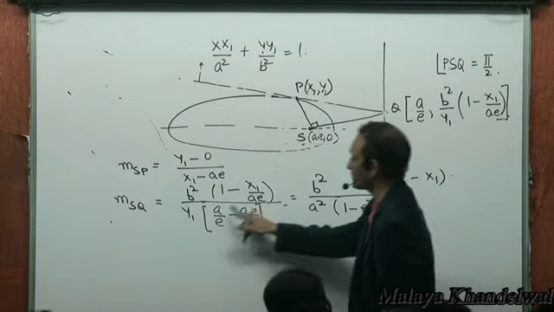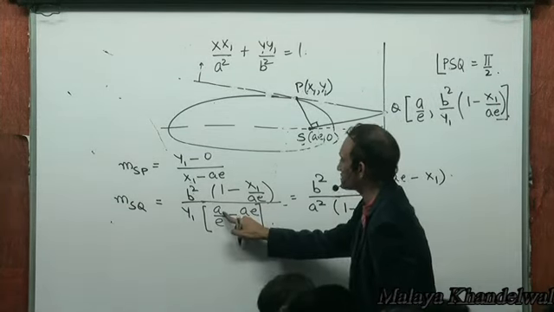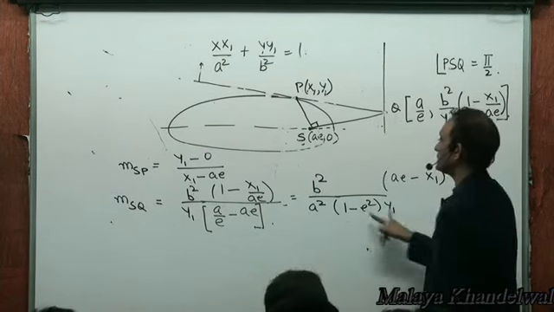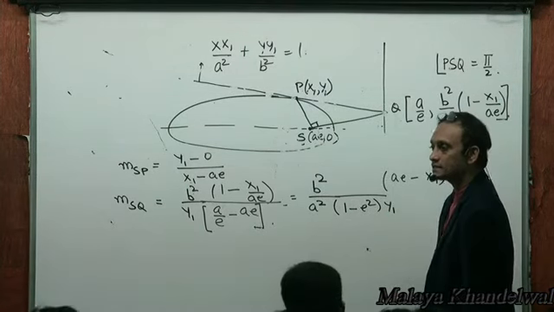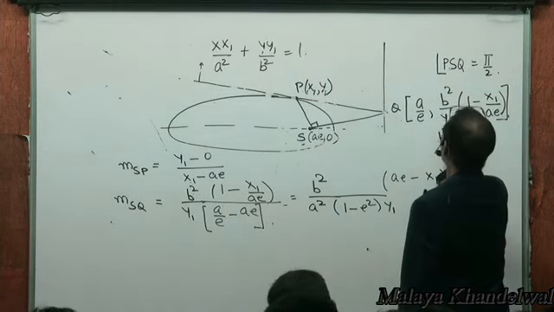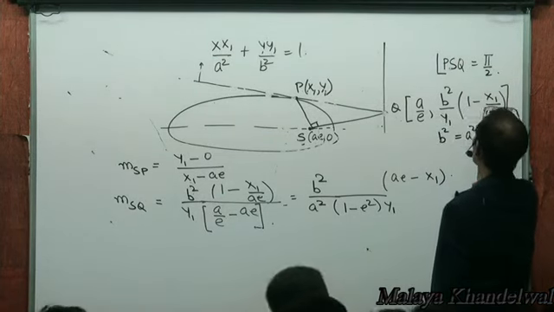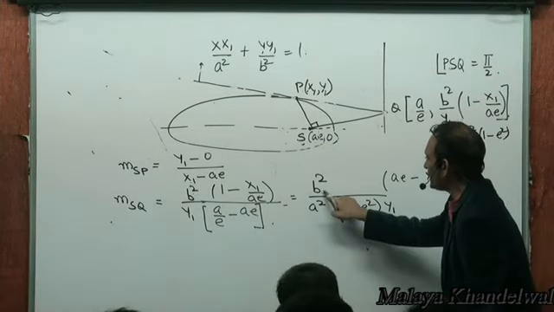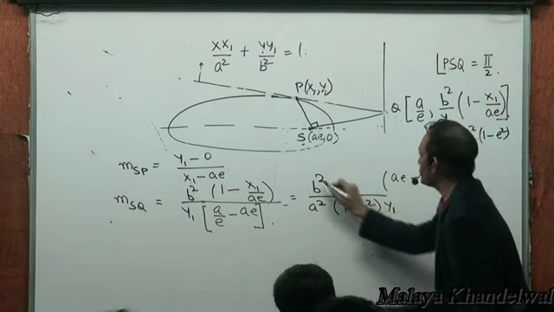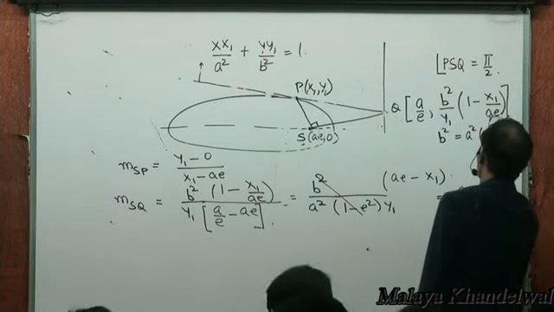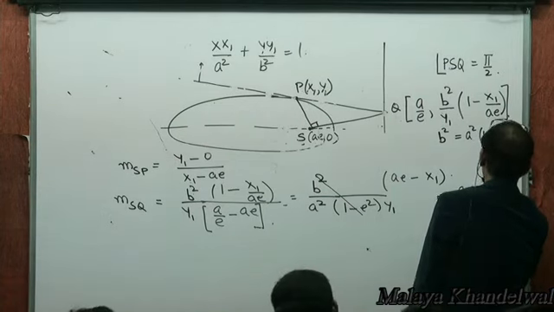I hope you realize whatever I've done. AE comes here, so a squared minus a squared e squared, right? This e will get cancelled. But b squared is a squared into 1 minus e squared for an ellipse. So b squared written as a squared into 1 minus e squared, this will become 1. So this will simply be ae minus x1 by y1.